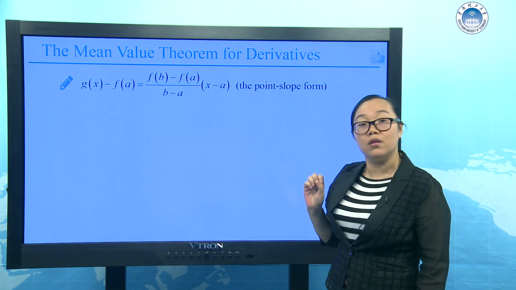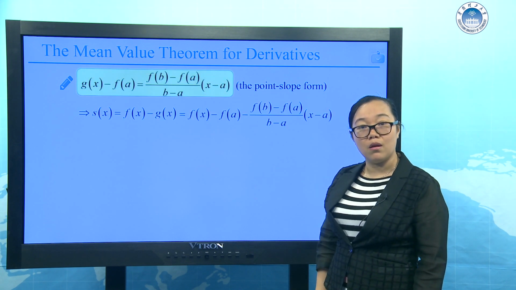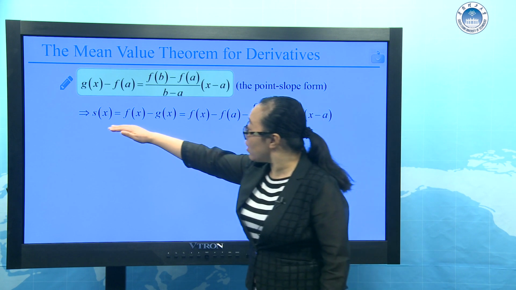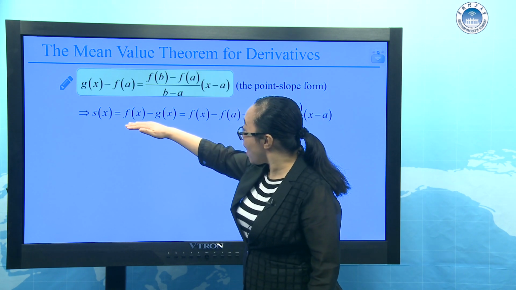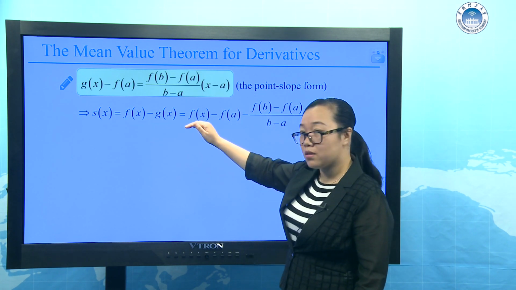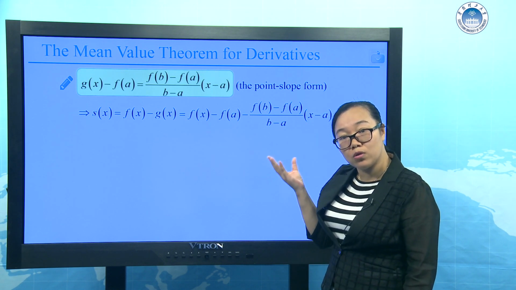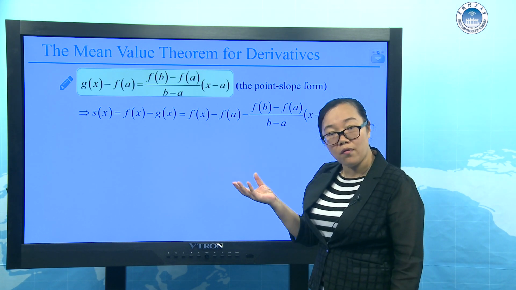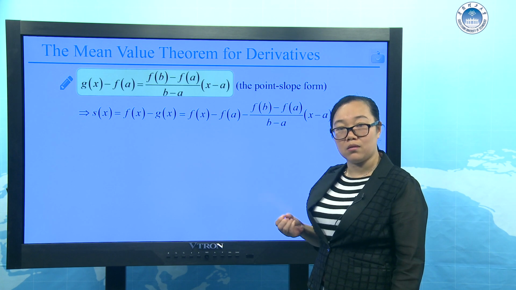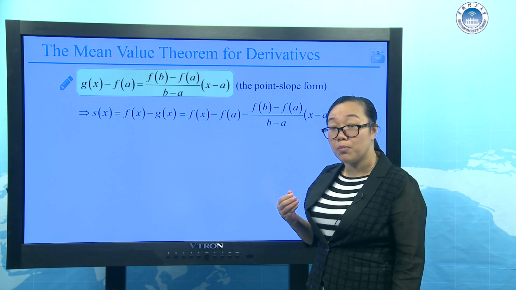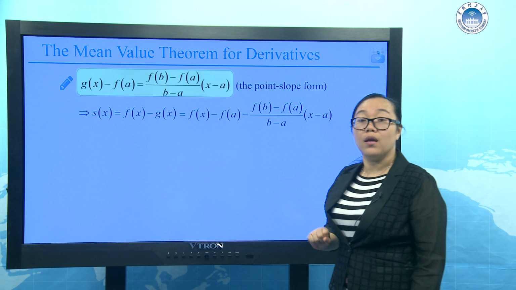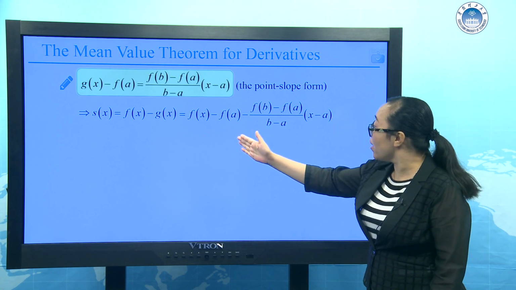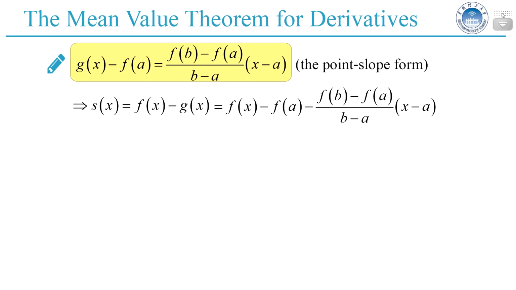This is the new function. Let little s of x equal f(x) minus g(x), the difference of the two functions, taking in the expression for g(x): g(x) equals f(a) plus k times (x minus a).